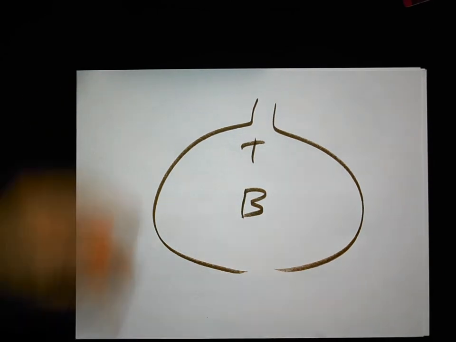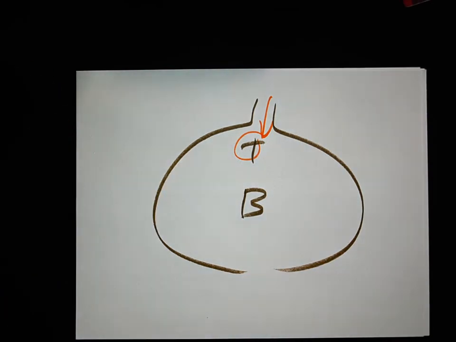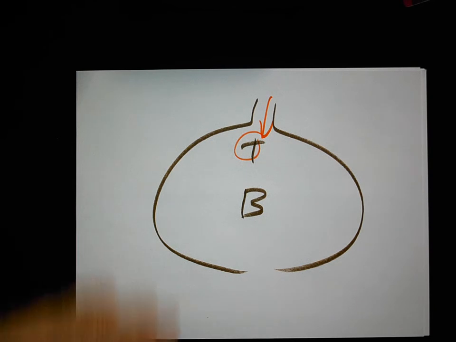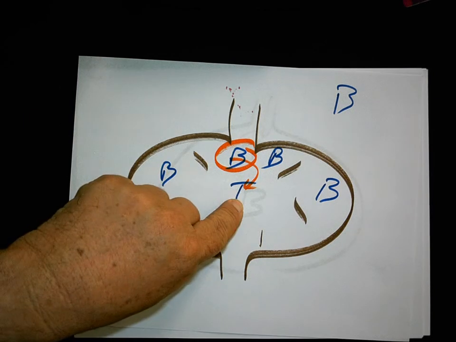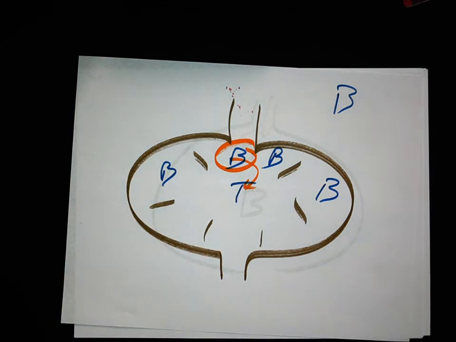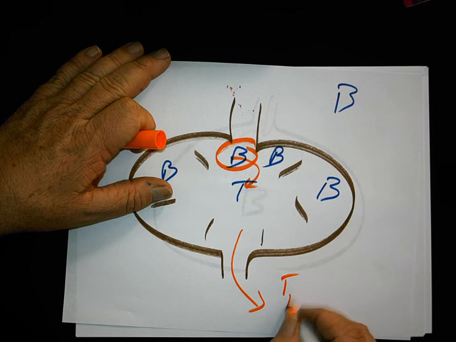Because these will be the first to get the antigen, but can T cells be activated by direct contact with antigen? No, they must be presented. So you have to have the B cells first, they become activated, and they can actually now activate that T cell. Then later you activate the T cells and your antibodies.